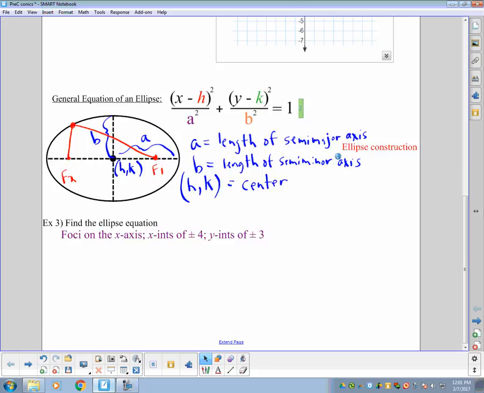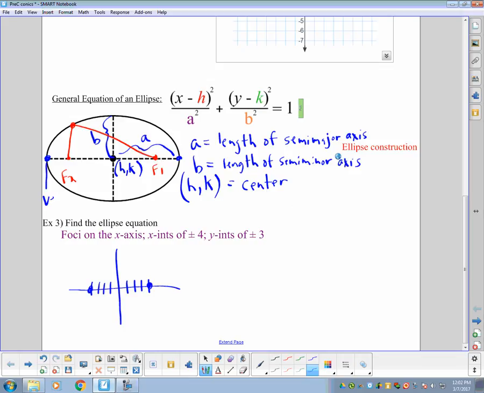All right, it says find the ellipse equation, and we're given foci on the x-axis. The fact that the foci are on the x-axis tells us that that is the major axis. So if I draw a picture here, it says I have x-intercepts of 4 and negative 4. By the way, these points here and here are called vertices.